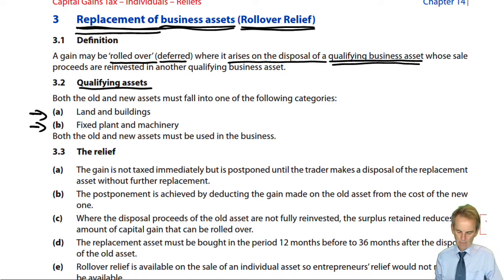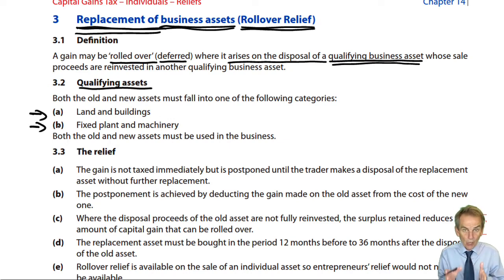What we'll discover though is that fixed plant and machinery is likely also to be known by another definition that will also allow for a deferral under the same heading of rollover relief, but the nature of that deferral is just a little bit different.